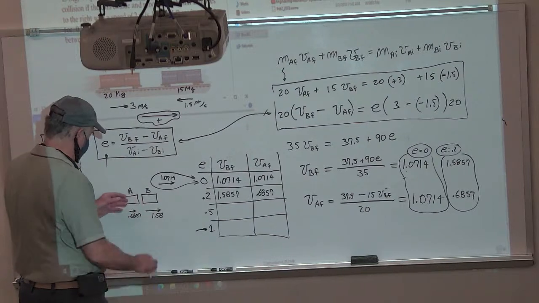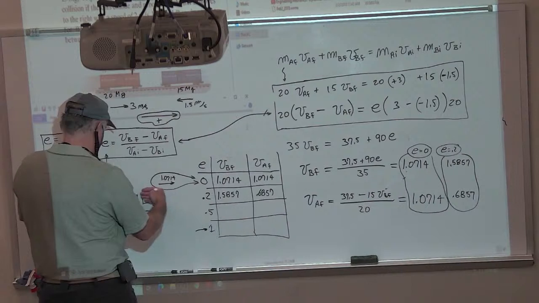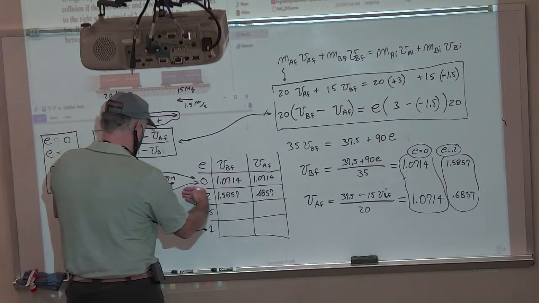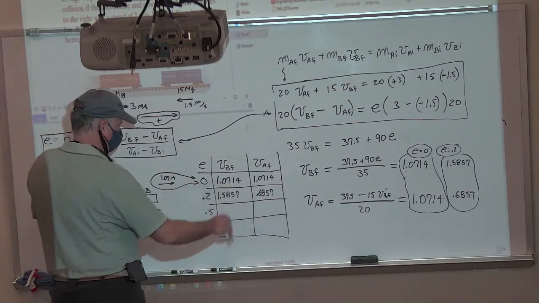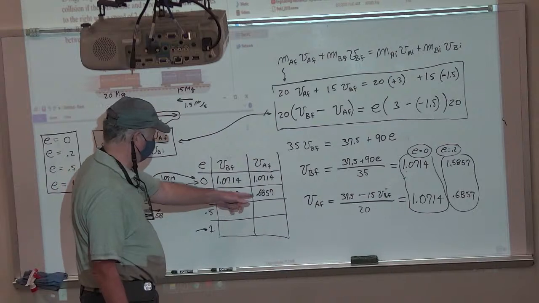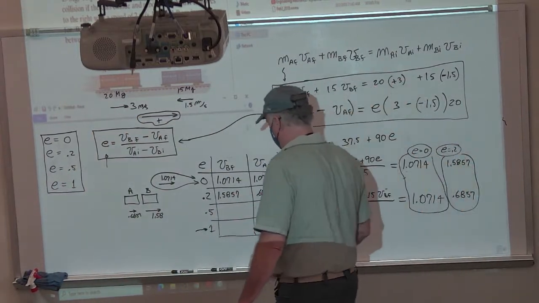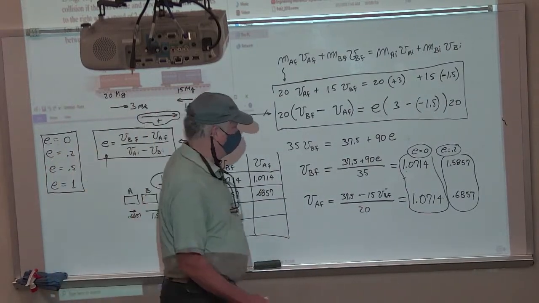So when they hit, they basically are either going to stick and move to the right, or they're going to bounce off each other. But the one on the right will go faster to the right. That's why this one will always be larger. I'm going to just skip this one for now. I'll go ahead and do it.